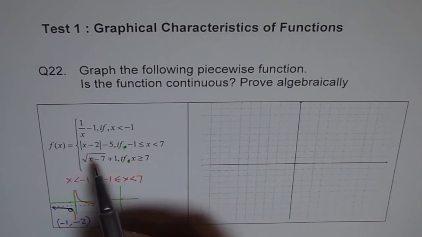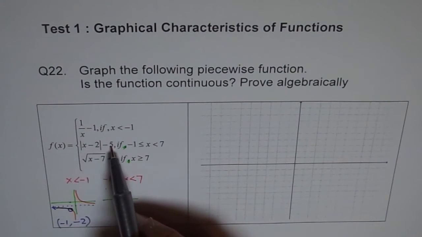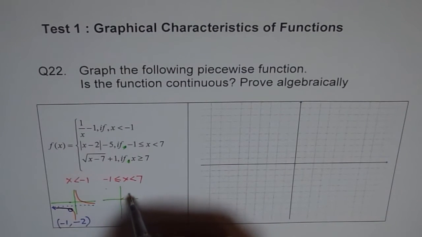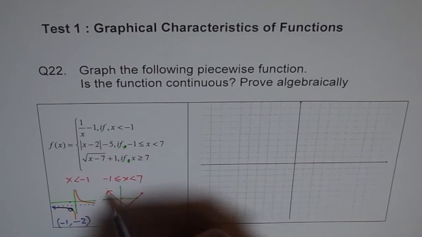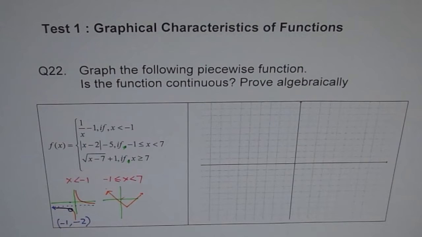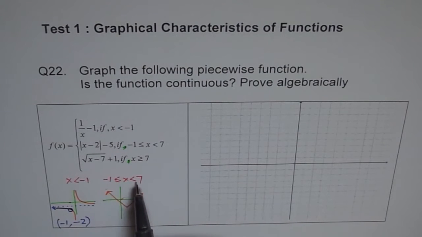But here we moved it 2 units to the right and 5 down. So if I move this function 2 units right and 5 down, I get kind of like this. Is it okay? So this is my function, but we are only interested in a part of it, and the part is between minus 1 and 7.